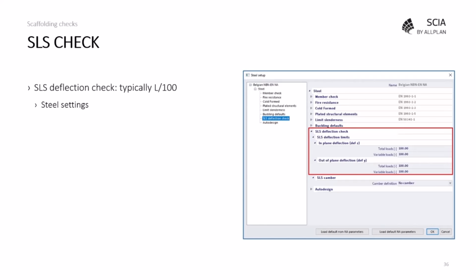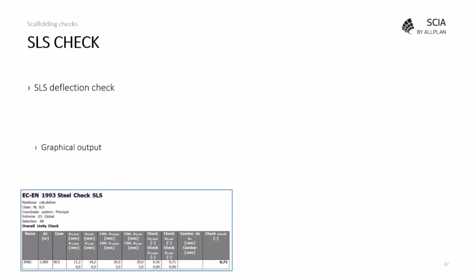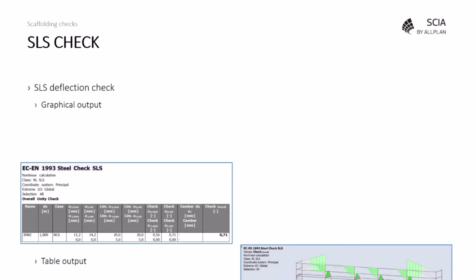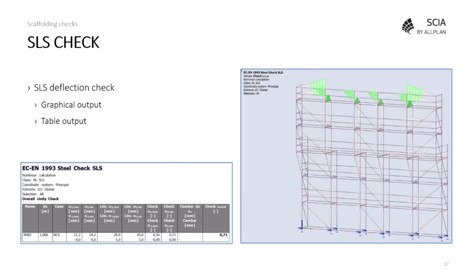And last but not least, the SLS check. Typically, L divided by 100 is the limit for your SLS deflection check. You can define that limit in the steel settings or via the buckling groups. And as output, you will have both graphical output and table output. You will see here both.